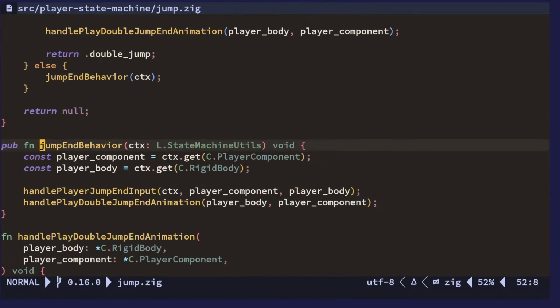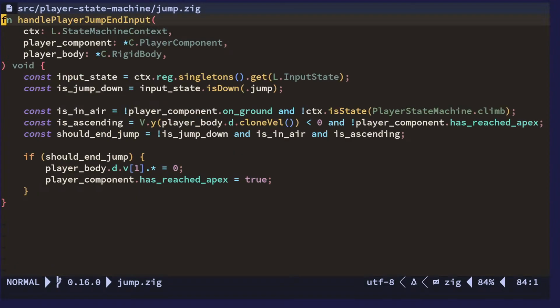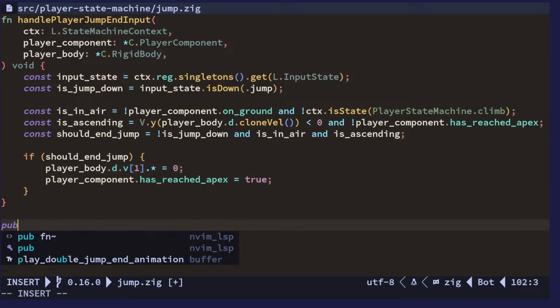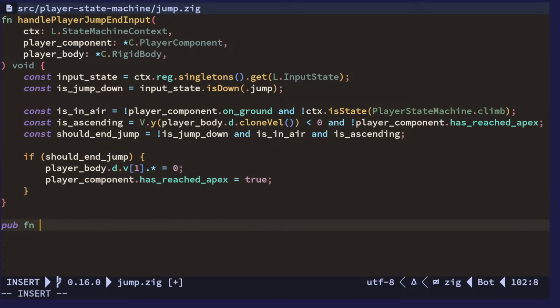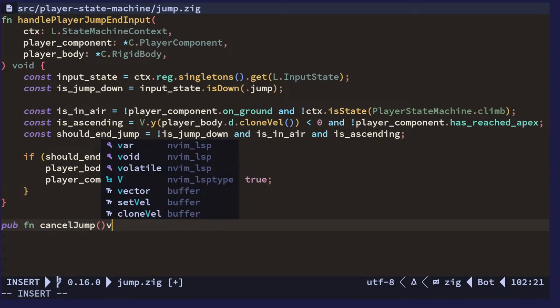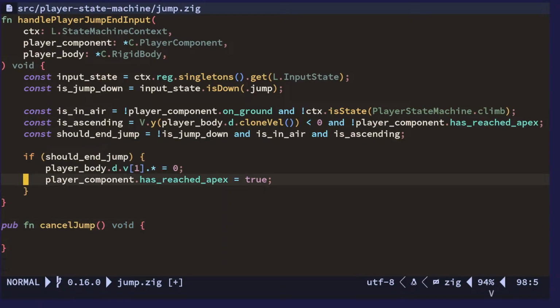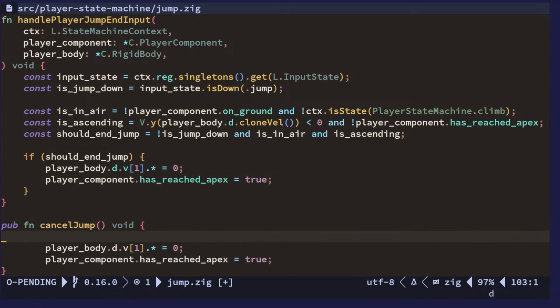Actually, to be honest, we should just cancel the jump. We should just have this here. Cancel jump sounds weird, but I guess that's what we can do. And then this is essentially what we need to do.